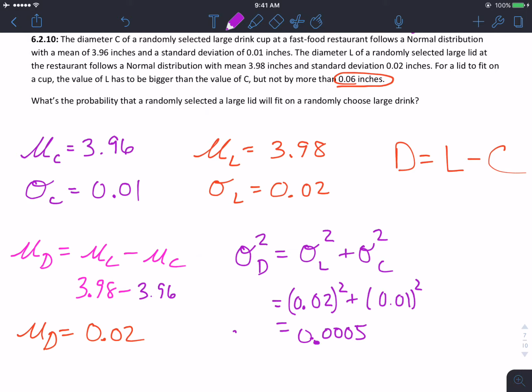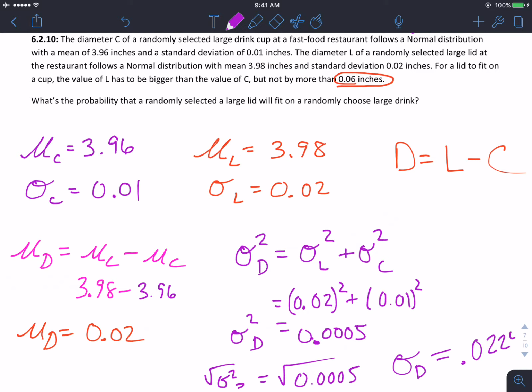But remember, that is the variance. We need to go ahead and take the square root of the variance, and then we will get our standard deviation, which turns out to be 0.0224.